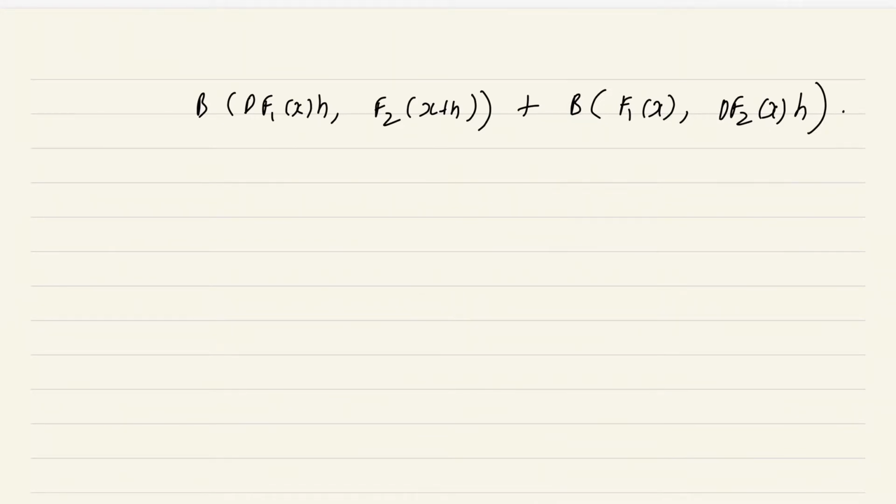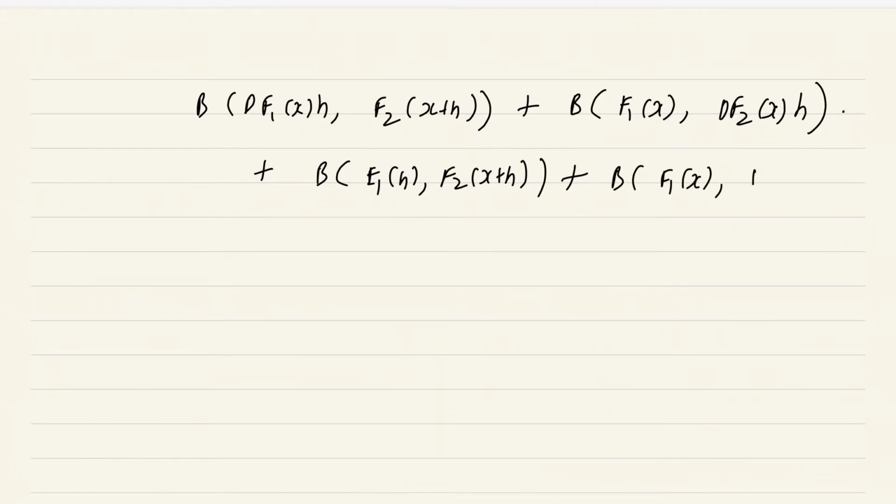Okay, and of course I must add the error terms, so you will get B of e1 h comma f2 of x plus h. Of course I'm tacitly applying the bilinearity, plus B of f1 x comma e2 h. So I have combined two steps. I have expanded out f1 of x plus h minus f1 of x and f2 of x plus h minus f2 of x and applied bilinearity.